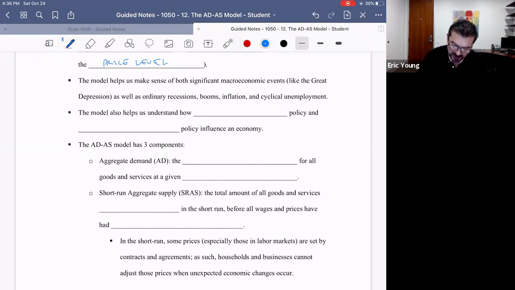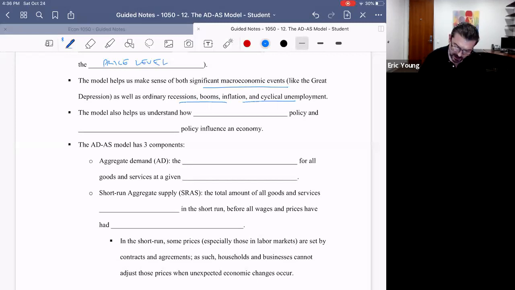It'll help us understand significant historical macro events like the Great Depression, as well as all those things that we've been talking about up to now, things like recessions and booms, and inflation and unemployment, and even the role that monetary and fiscal policy can play in helping us keep an economy stable, at least in theory, okay?